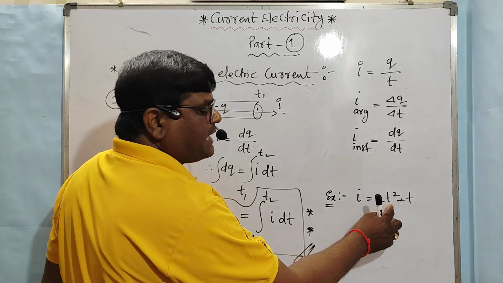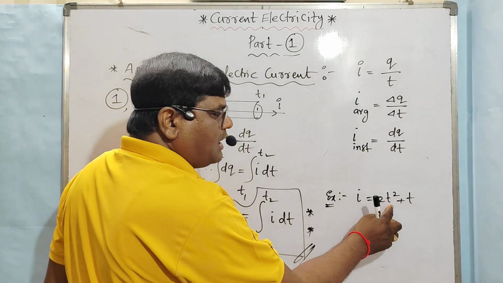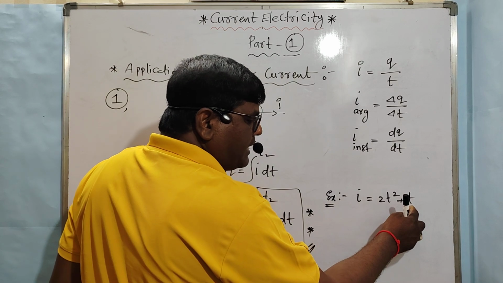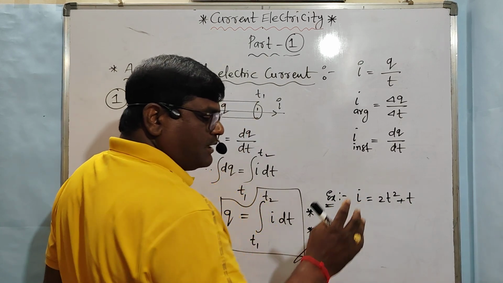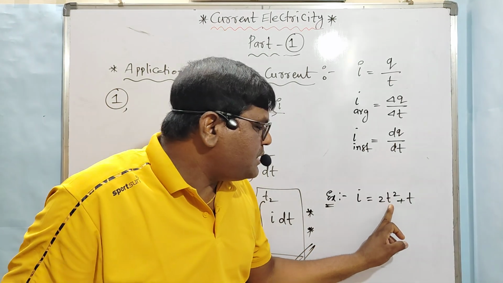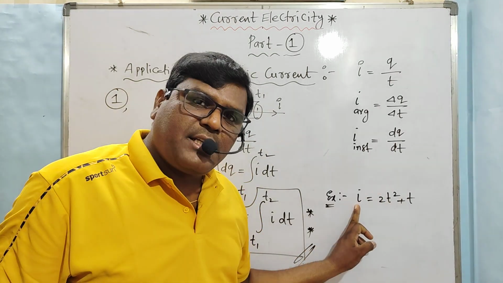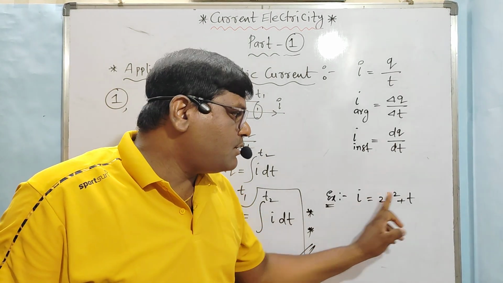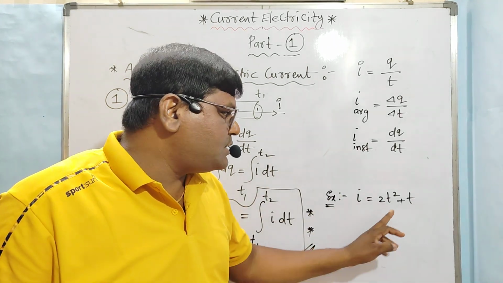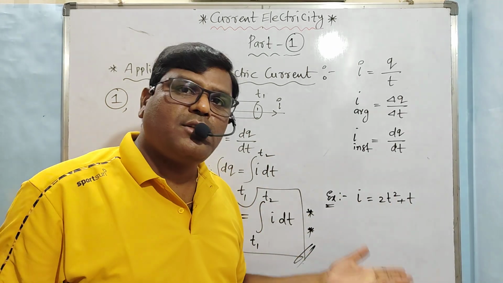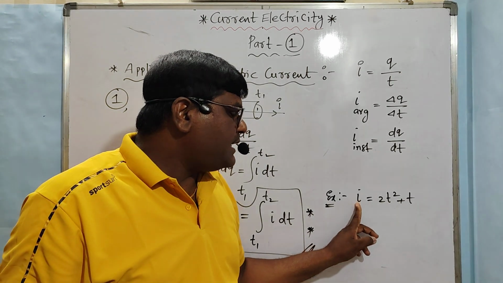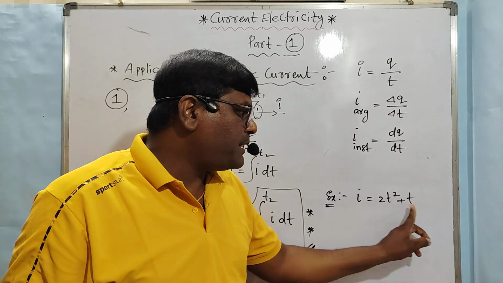For example, at time t is equal to 1 second, it is 2 plus 1, so the total current is 3 amperes. At time t is equal to 1 second, the current flowing through this conductor is 3 amperes. At time t is equal to 0 seconds, the current is equal to 0. That is the way current varies with respect to time.